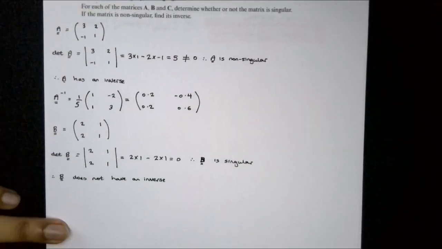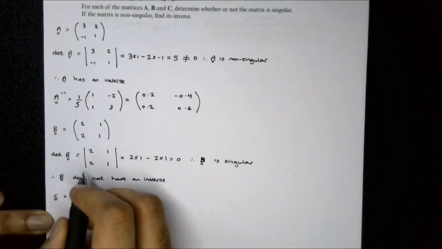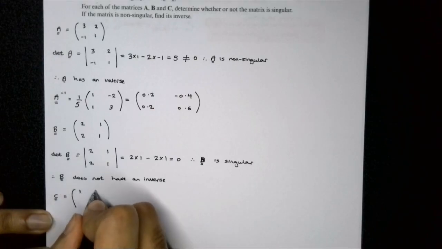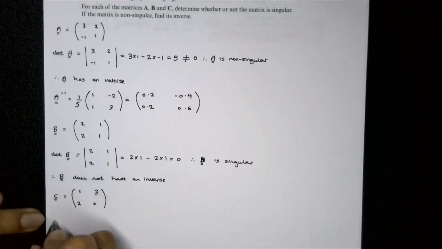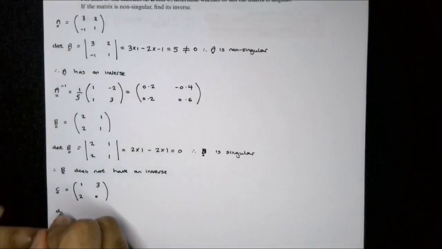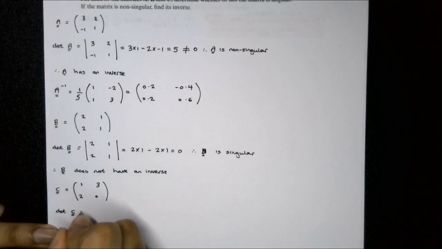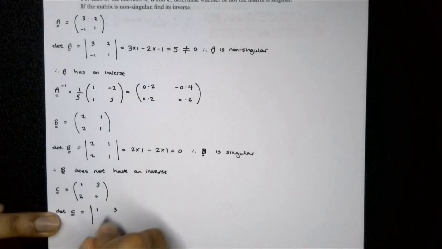Now for matrix C, we know that matrix C is equal to 1, 3, 2, 0. So we now need to find the determinant of C. So we need to find the determinant of 1, 3, 2, 0.